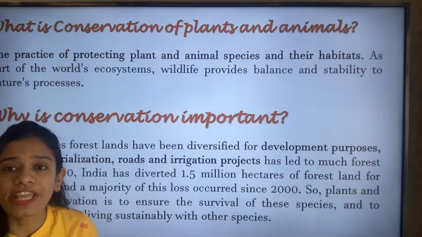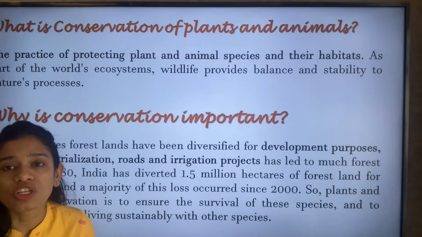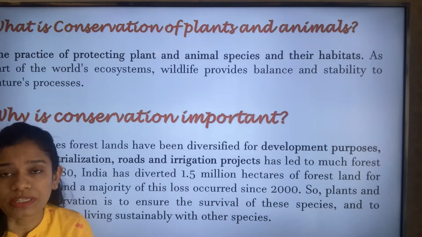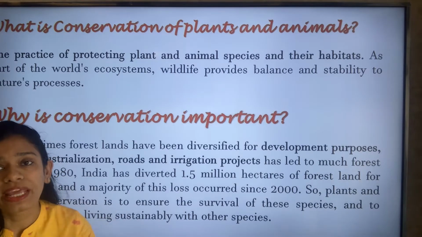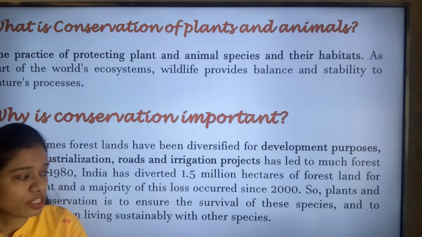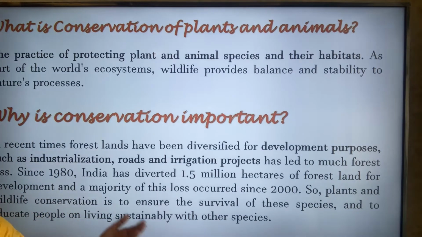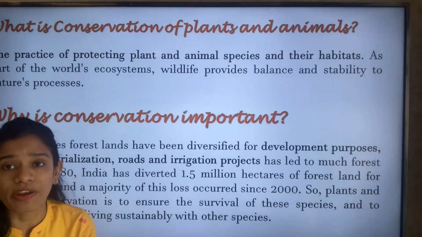So every year we are seeing loss of land for development or urbanization purposes. This has led to the dwindling of forest life, the forest animals or the wild animals. So plants and wildlife conservation to ensure the survival of the species has become very, very important.